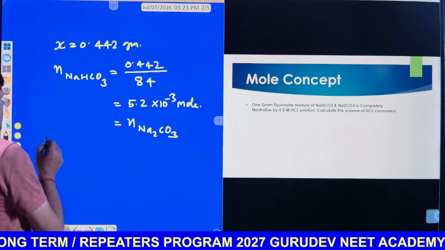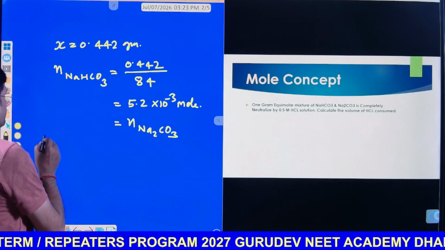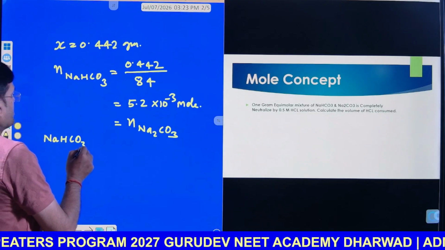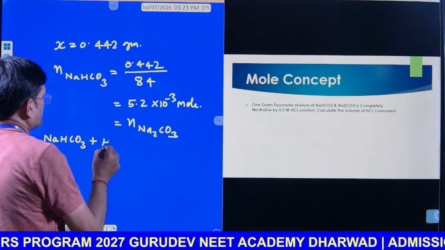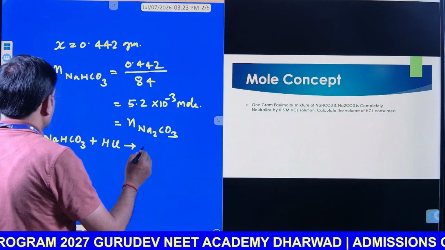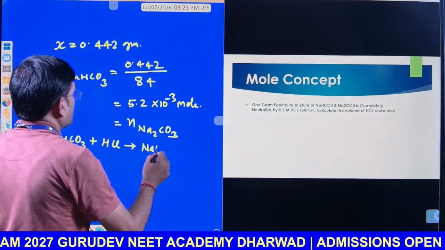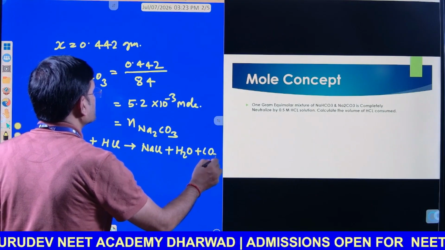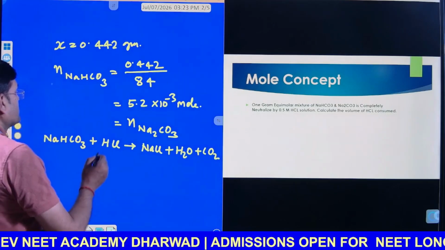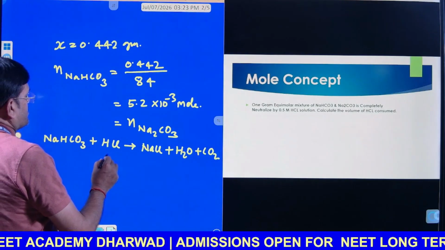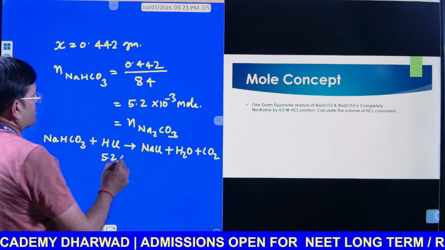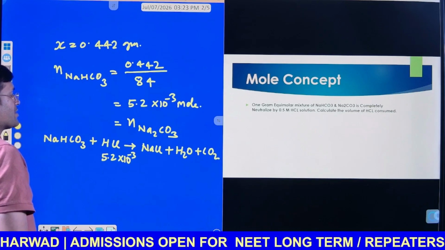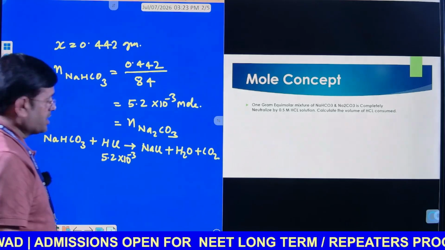Now see the reaction. NaHCO3 is going to consume 1 mole of HCl to give NaCl plus H2O plus CO2, right? Means for this reaction, 5.2 into 10 to the power minus 3 moles of HCl are consumed, okay?